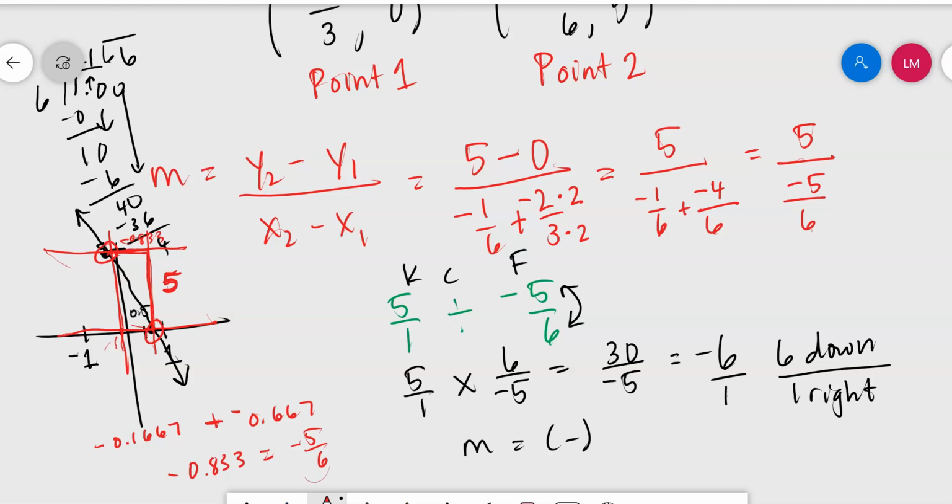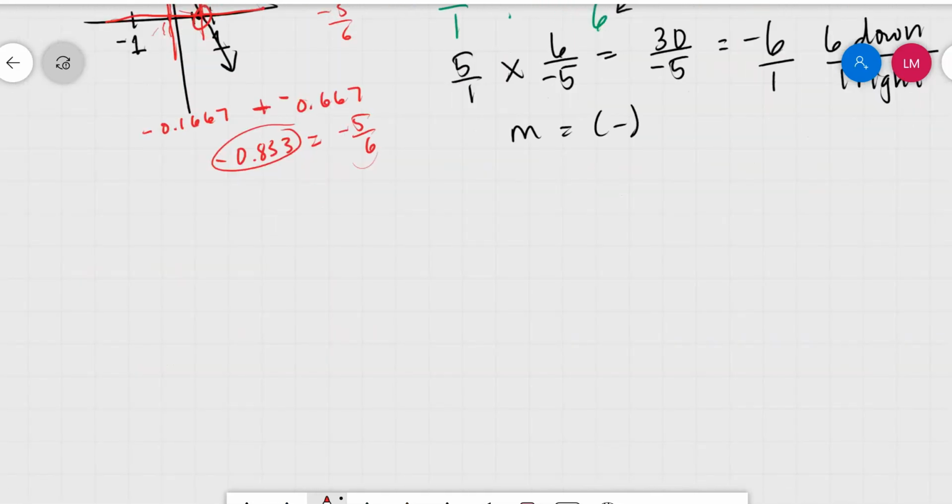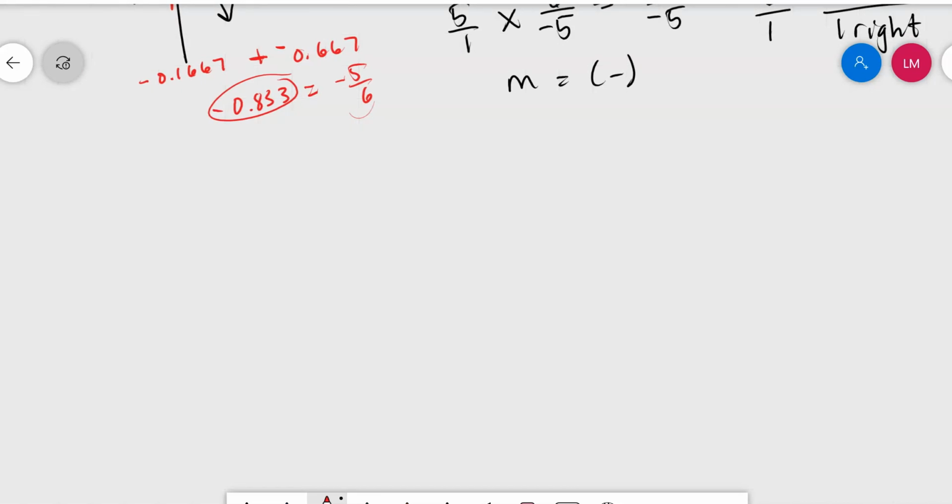So the math becomes just like what we had: 5 divided by negative 5 over 6. When you do the division of those two, basically it is to go 6 down and 1 to the right. I know it looks a little weird because it doesn't line up, but the math is right. Let's go back to whole numbers, just so we leave on a good note.